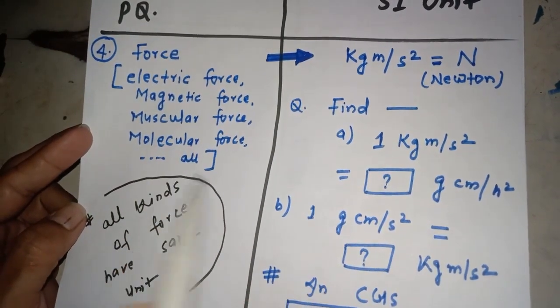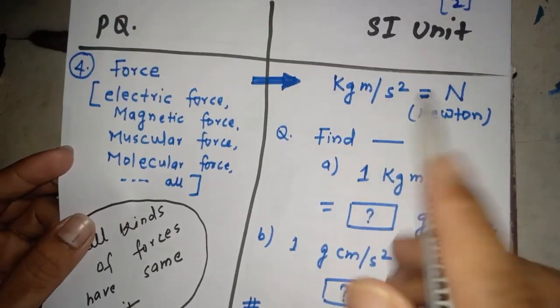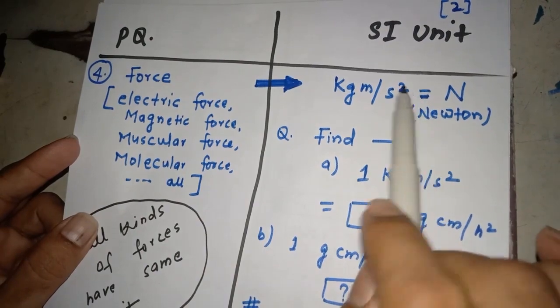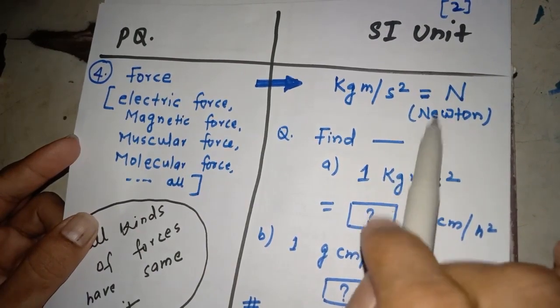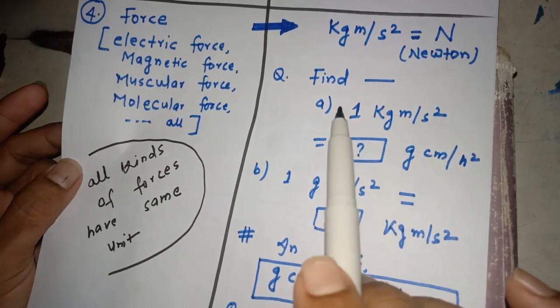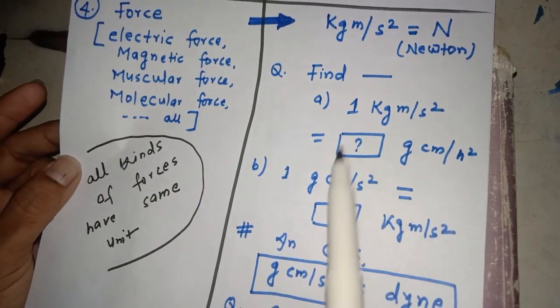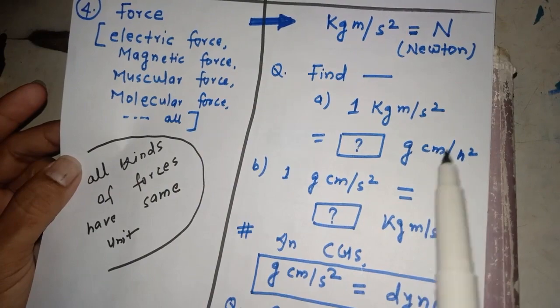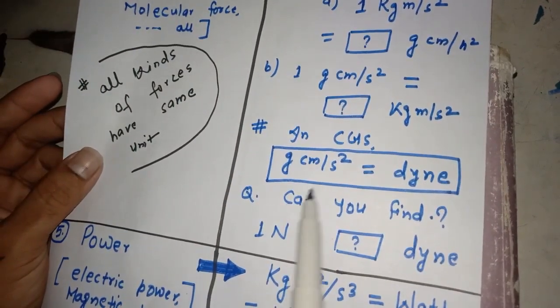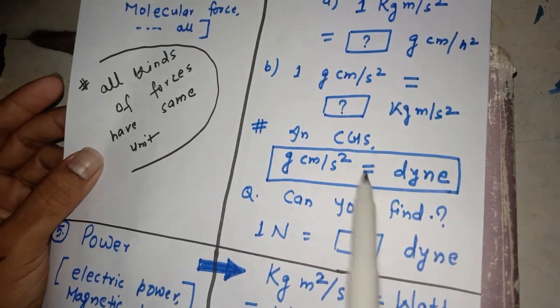Now this is the next, force. All kinds of force, magnetic, gravitational, muscular, molecular also, and the SI unit of force is kg meter per second square, which is also called Newton. So you can solve it. You can convert to another unit: 1 kg meter per second square is what in gram centimeter per hour square, and so on.